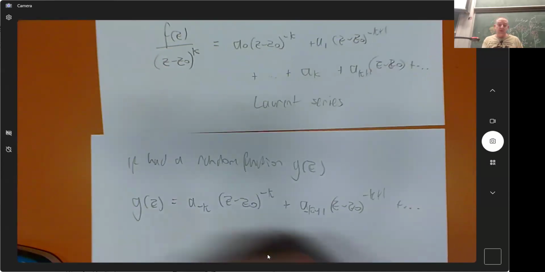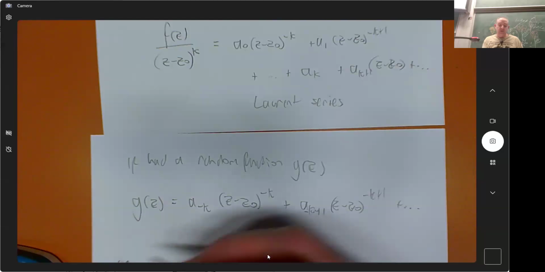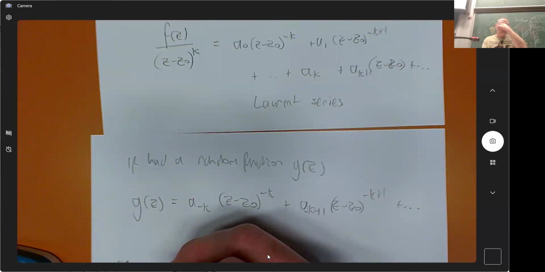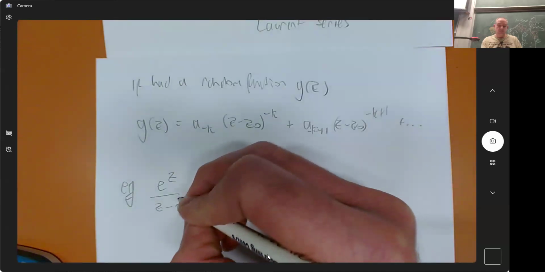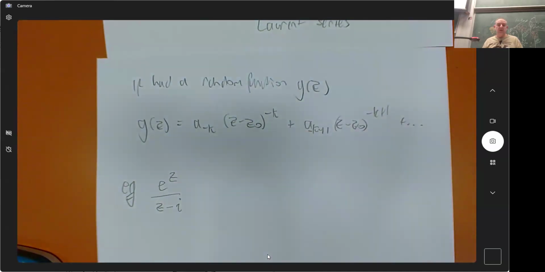But I do know that as an example, if you had something like e to the z over z minus i, that would have a Laurent series with center i.